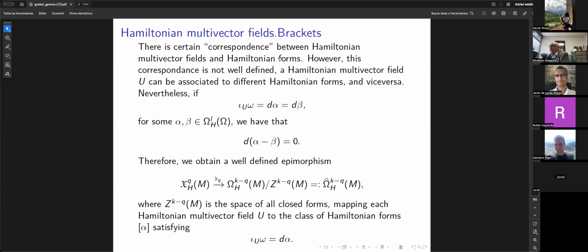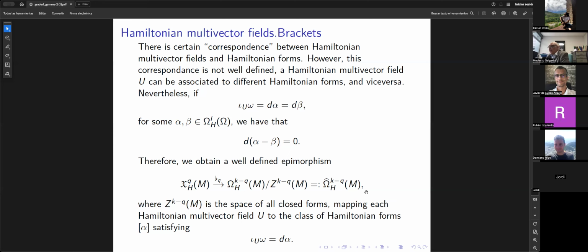Okay, and this permits us to obtain brackets. How to obtain brackets? If you have a Hamiltonian multivector U, this can be for the alpha or the beta. So this means that alpha minus beta is closed. So we have a mapping from multivector fields of order Q into this quotient, because this is the quotient of forms by closed forms.